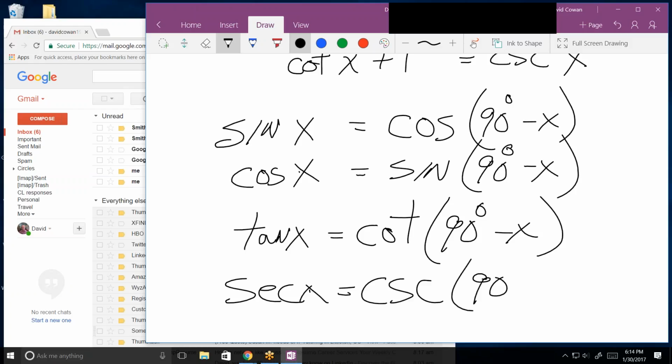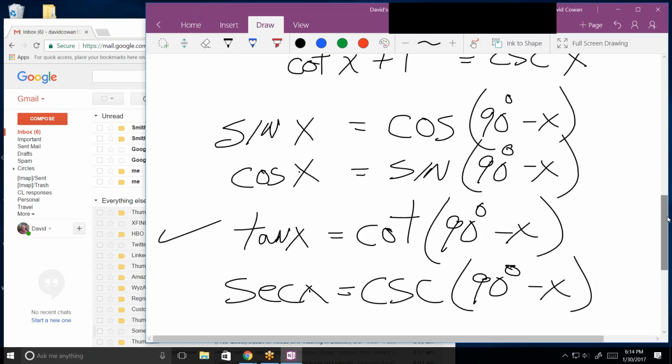And these are different than the reciprocals. The only one that's the same is the tangent. The tangent is the only trig function whose reciprocal is the same as its cofunction. Now, that's the definition of cofunction.